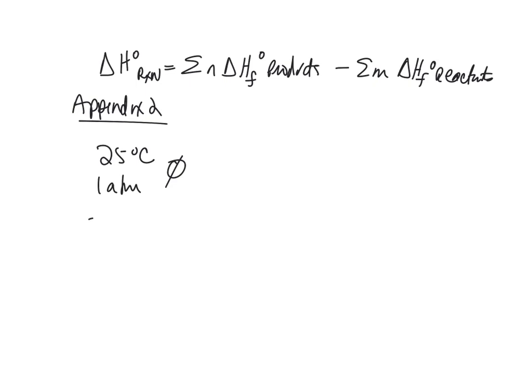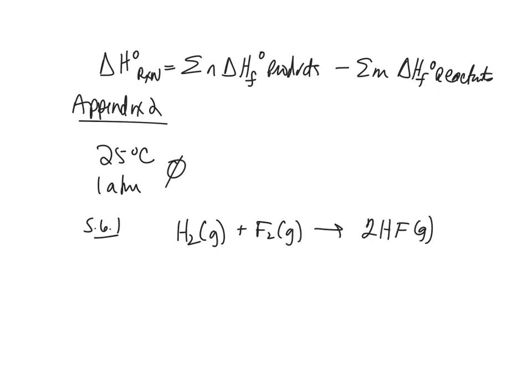So let's work 5.61, and our reaction is H2 gas plus fluorine gas goes to 2HF gas. And so if you go to Appendix 2 in your book, which is at the back, you'll see that they're in alphabetical order.